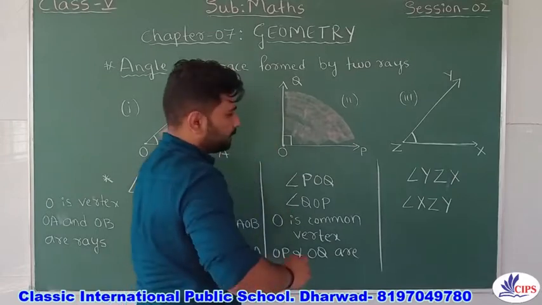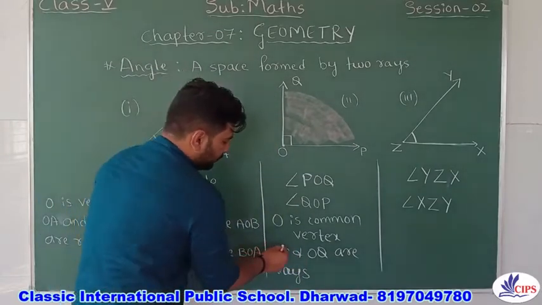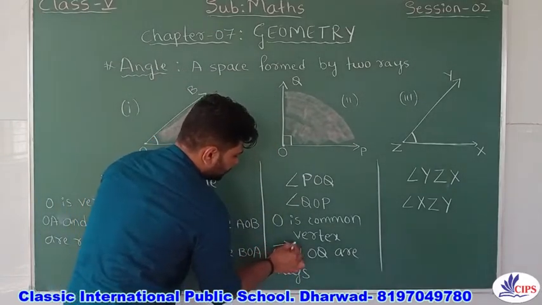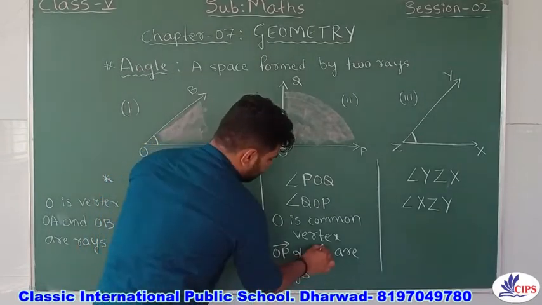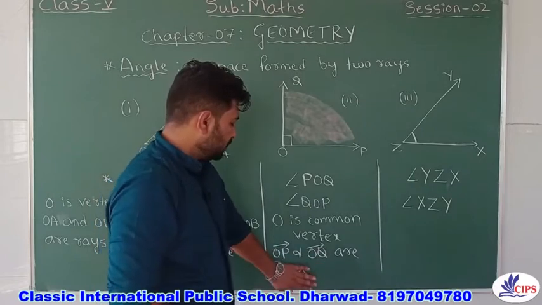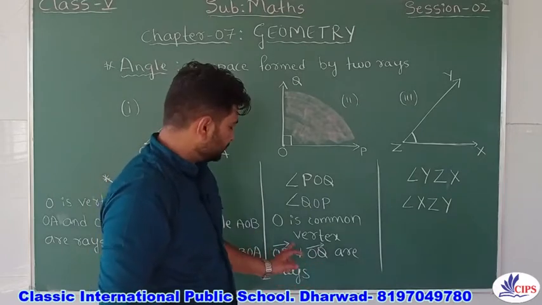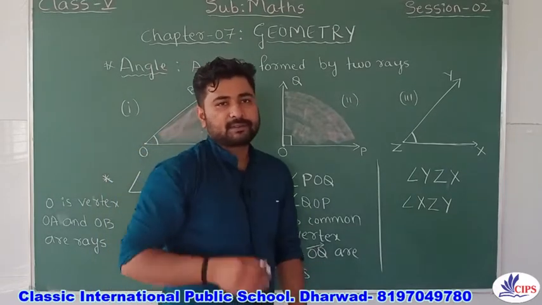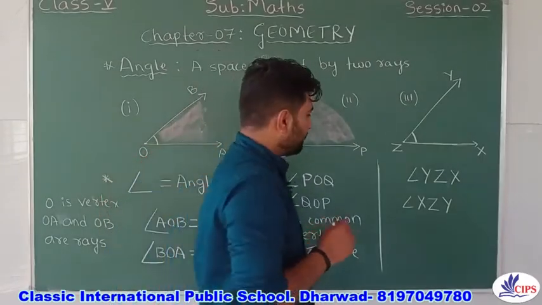I said to write. What is the ray symbol? If you put it like this, it is a ray. Correct? If you write the symbol over OP and OQ, then there is no need of writing rays because the symbol itself says it. In mathematics, symbol speaks a lot.